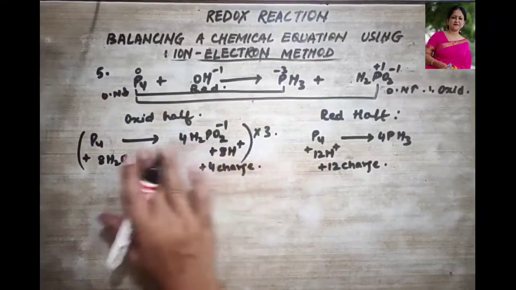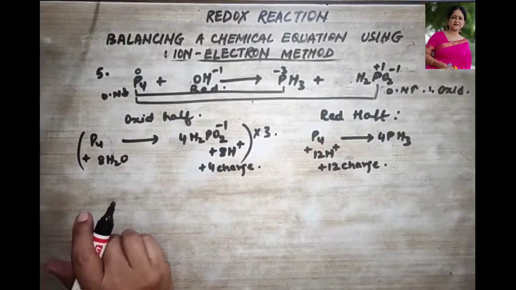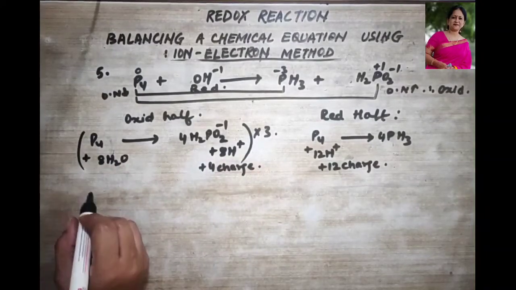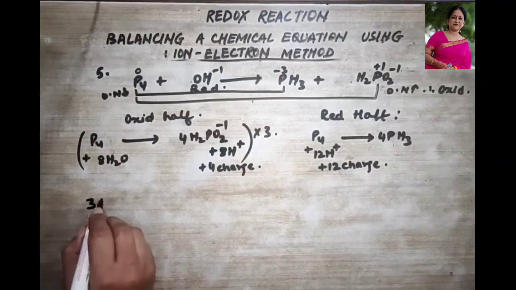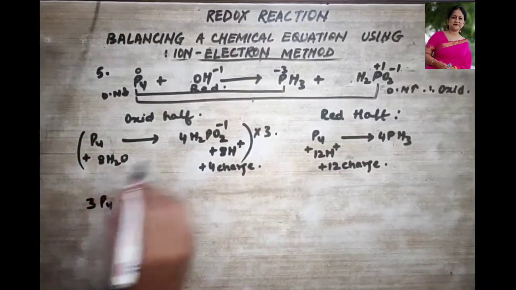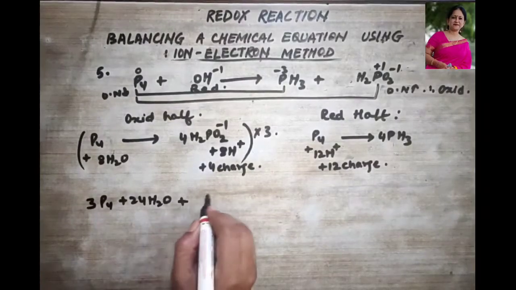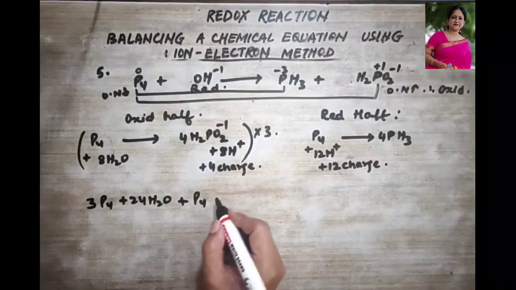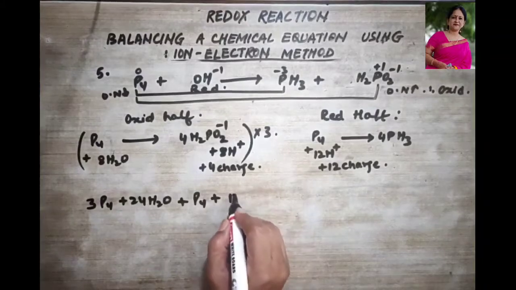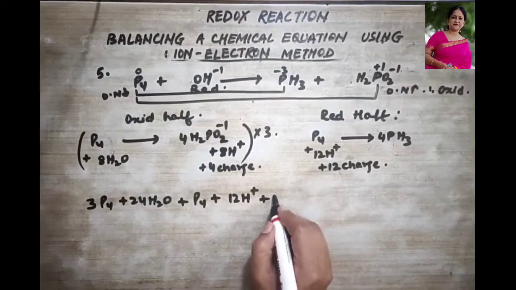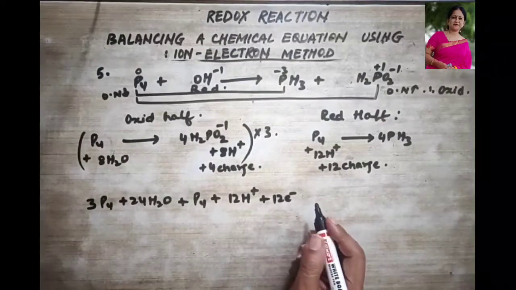Now let us add both the oxidation and the reduction half equations. So this becomes 3 P plus 8 3s are 24 molecules of water plus P plus 12 hydrogen ions plus 12 electrons.